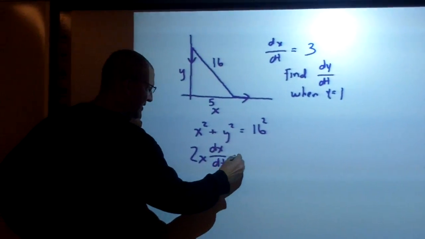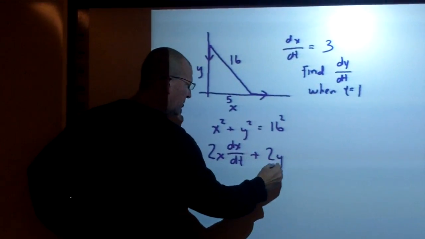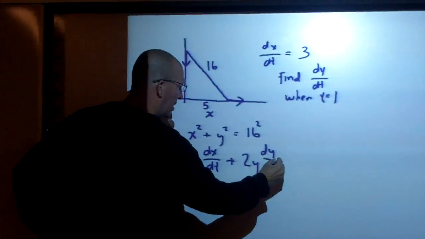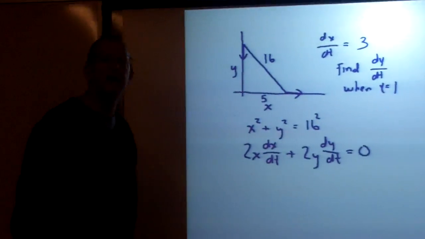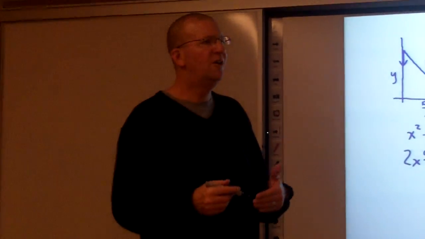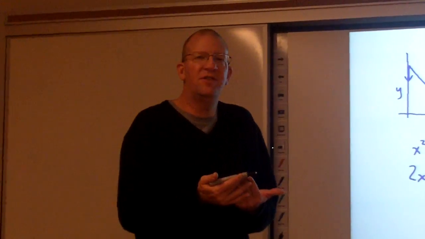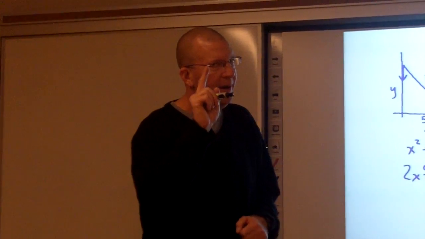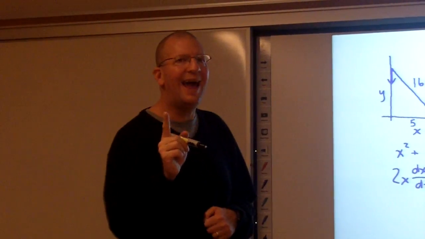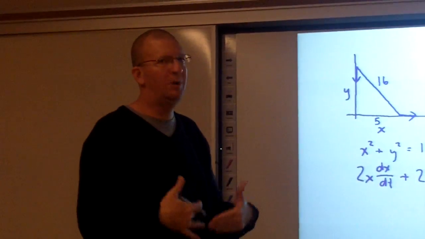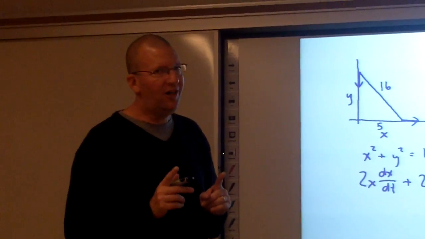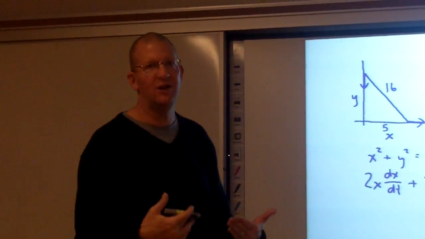This looks a lot like another thing that we did before, which is implicit differentiation. And that's exactly right. So all this is implicit differentiation, but instead of being with respect to x, we're doing it with respect to t. Always time. After all, these are related rates.